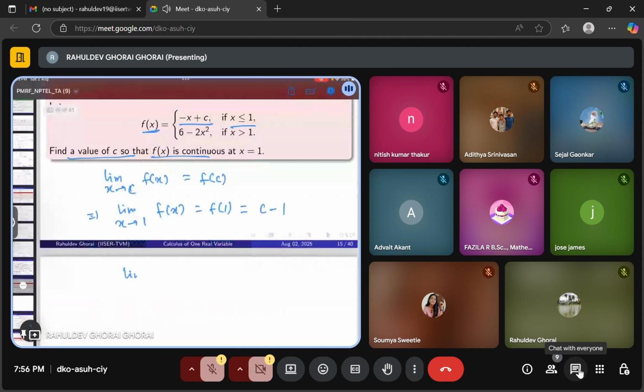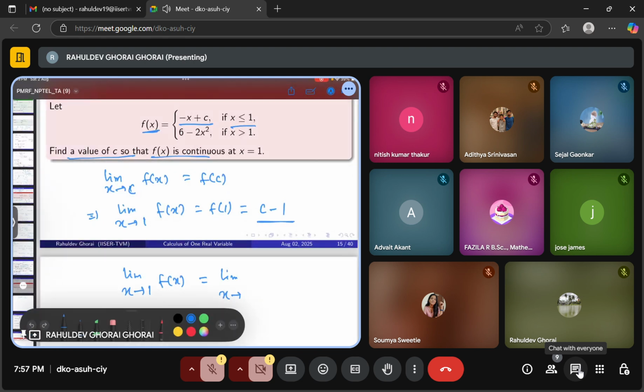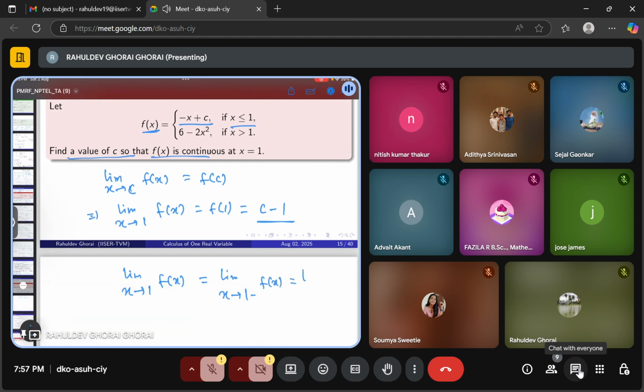Now you have to evaluate the limit as x tends to 1 of f(x). It should exist, so the limit as x tends to 1 minus of f(x) should be equal to the limit as x tends to 1 plus of f(x). What is the limit as x tends to 1 minus?